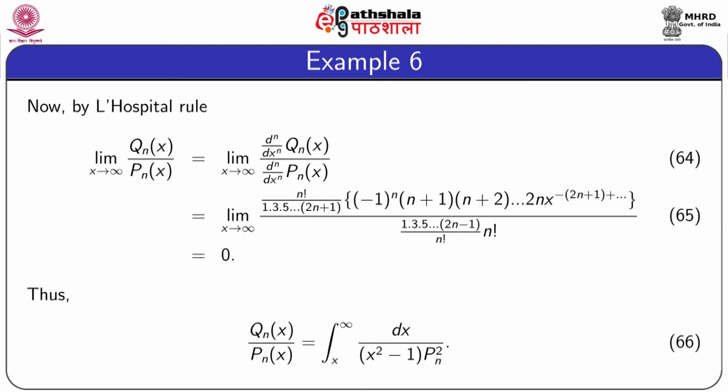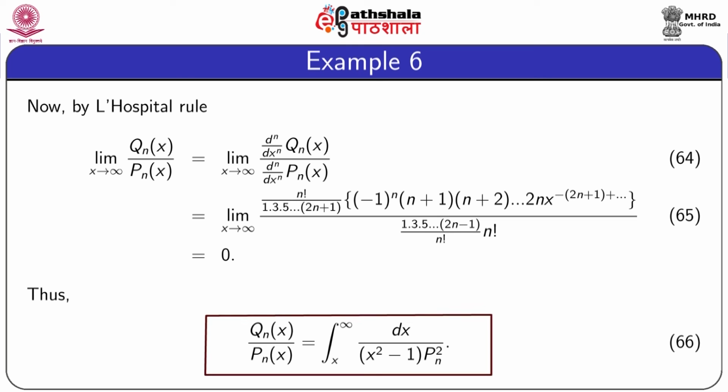So, as x tends to infinity, x to the power −(2n+1) tends to 0, hence the answer of this limit is 0. And thus, we arrive at our conclusion that Qn/Pn is equal to the integration from x to infinity of dx by (x² − 1)Pn², which is our desired result.